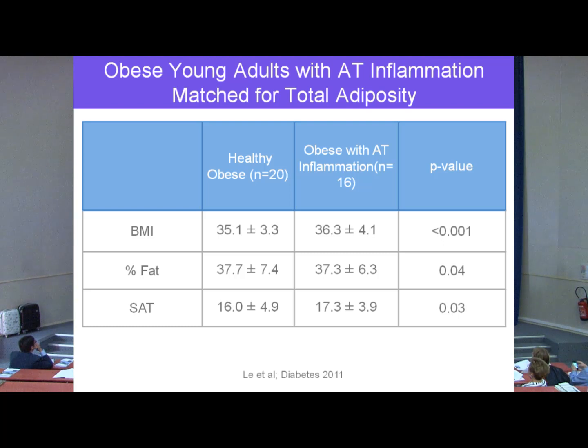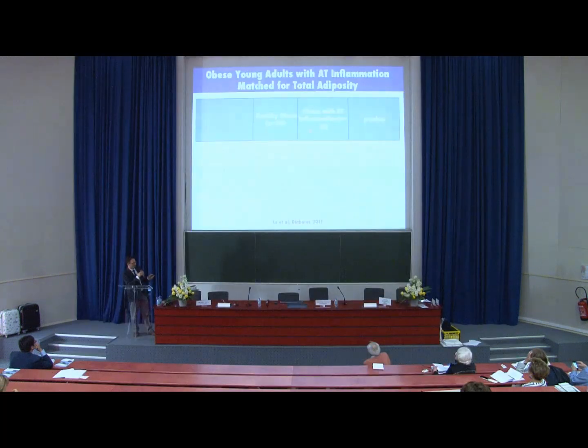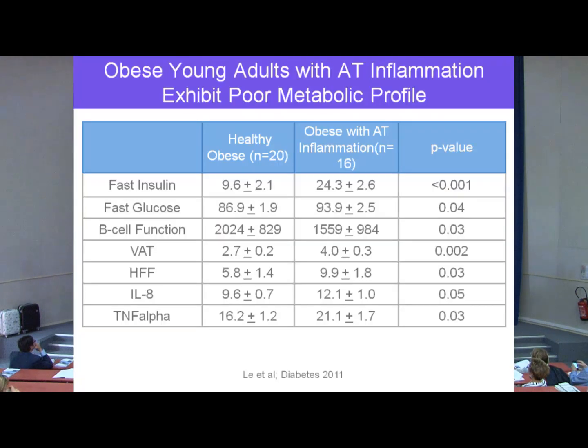To look at them, they would be physically very similar, but we separated them into two groups: one purely based on the adipocytes having no inflammation, no crown-like structures in the fields of view, and those with numerous crown-like structures. These two groups had very different metabolic profiles due to the association with adipose tissue inflammation.